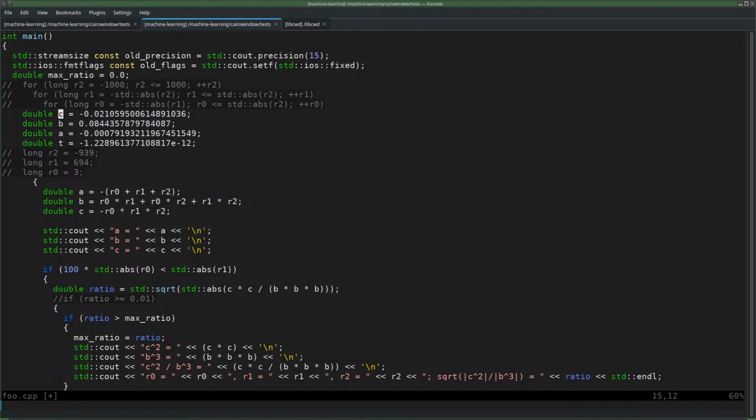This is the real coefficient. This is the square one here, so just call it C2. It's the coefficient of t squared. And C1 and C0. And this is C3.